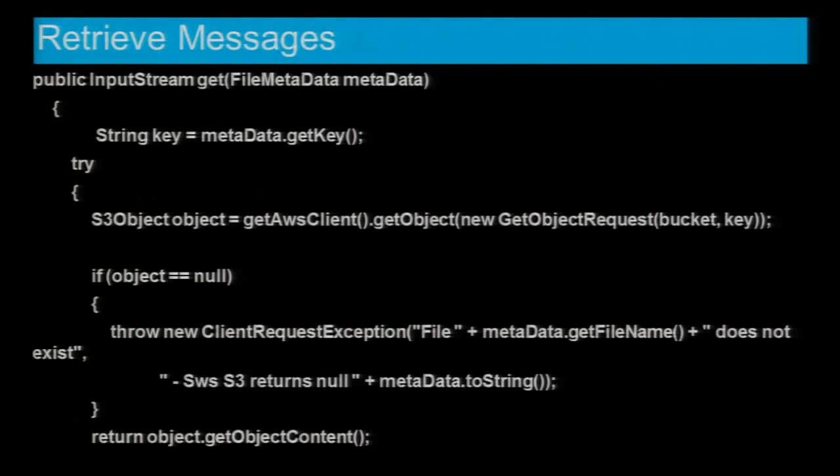Another great feature is that when you retrieve the message, you don't need to take care of decryption as well. Once you retrieve it, if you have the relevant AWS credentials and key, that's it. It's done. So you can take all the decryption cycles off the client by just calling that method.